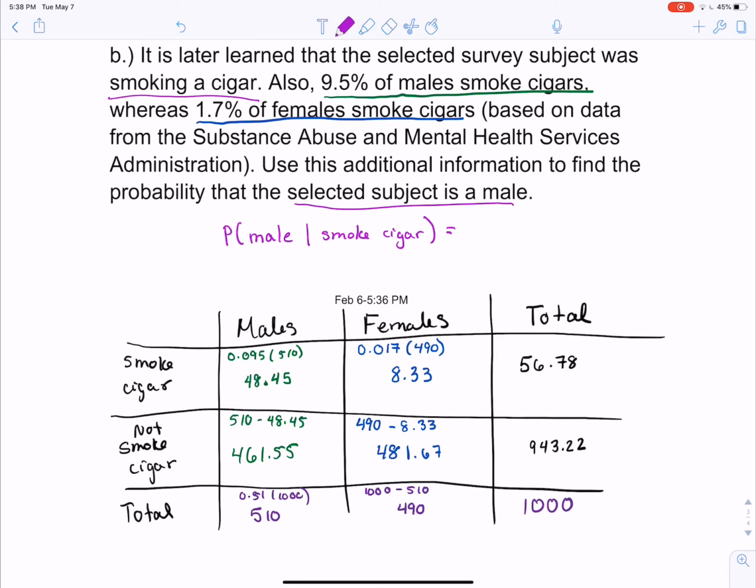So if we look here, smoking a cigar is this first row. So that means my denominator is going to be 56.78. Within that row, there's 48.45 males. If we divide that out and round to 3 significant figures, we'll find that the probability is about 0.853.